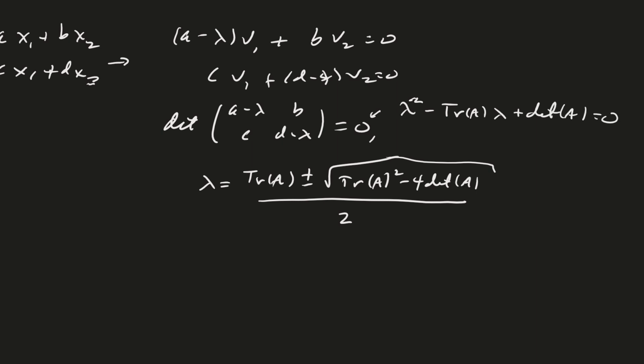What I'm saying here is that we're going to assume that lambda is alpha plus or minus beta i. You could even be more specific.